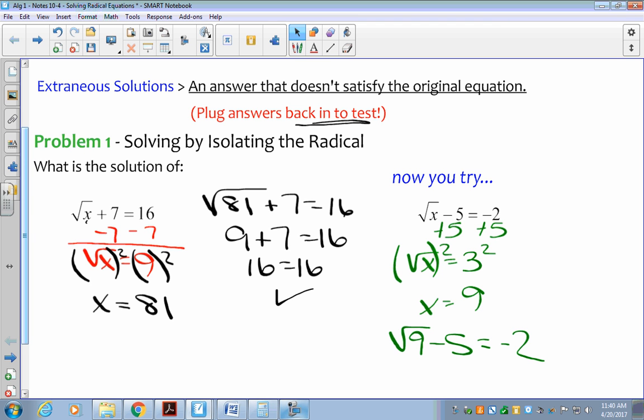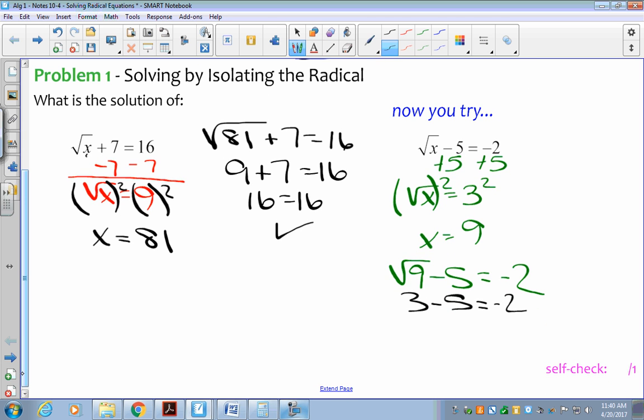Okay, so Rachel, what is the square root of 9? 3. What is 3 minus 5? Negative 2. And does negative 2 equal negative 2? Yeah. So this checks out.